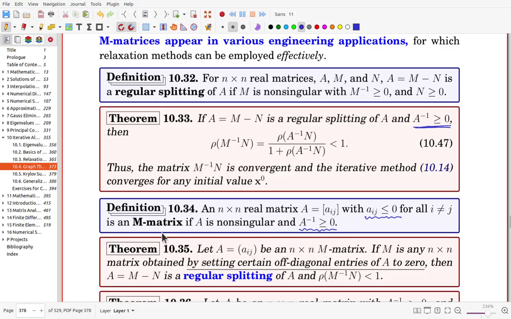Then we say the matrix is an M matrix. It looks like it requires quite serious conditions. However, this one is quite popular. Inverse being non-negative is quite natural, in fact.